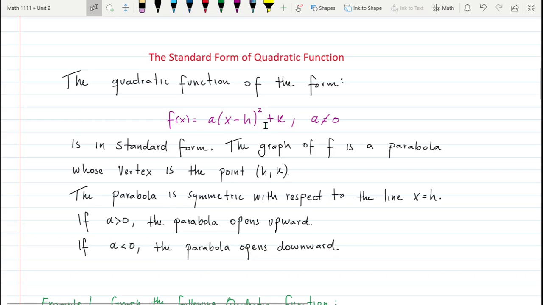So this is said to be in standard form. The graph of this is going to be a parabola, and it has the vertex at the point h, k.